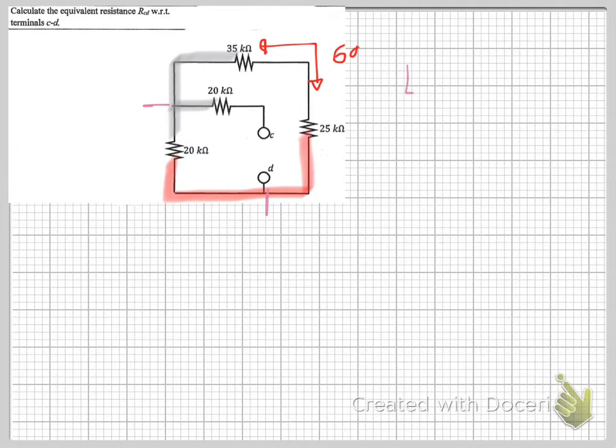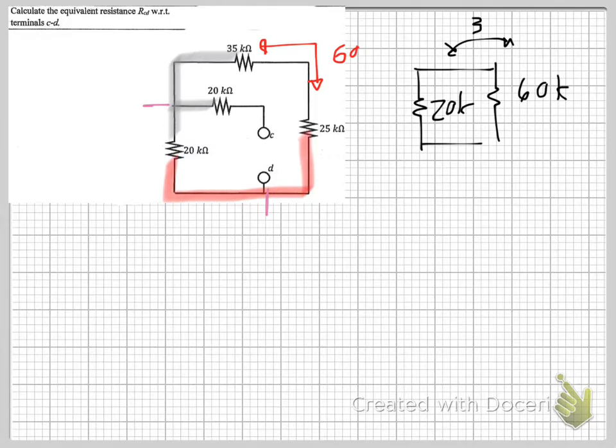So what happens is that you have your 20K and your 60K, right? So you can notice here that there is a ratio of 3 dividing 60 and 20.